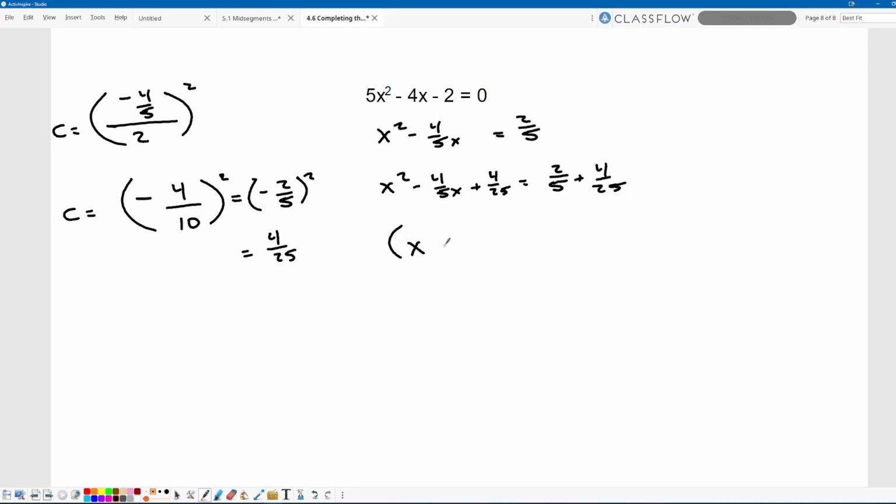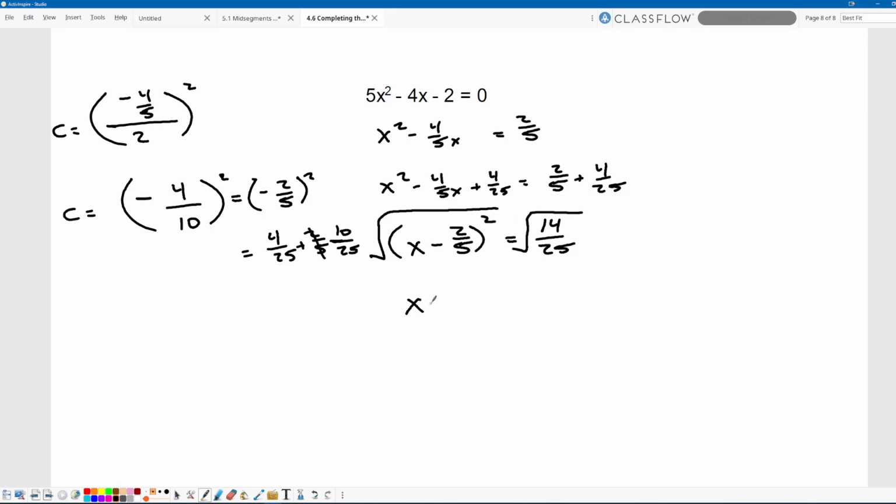It's going to be x minus, and then it's going to be the number that we squared, so it's 2/5 squared, and that's going to be equal to, so I have 4/25, and we're adding 2/5 to that. Well, if you multiply the top and bottom both by 5, you get 10/25. So this is going to be 14/25. I can now take the square root of both sides of my equation.